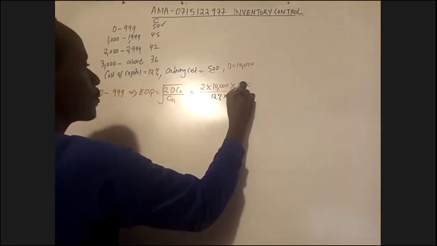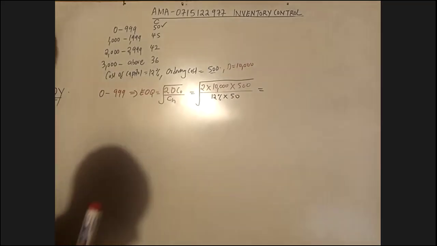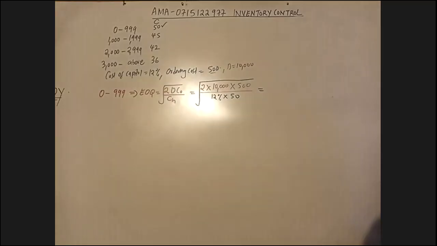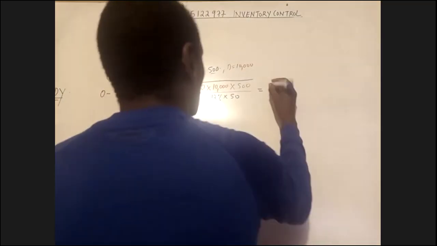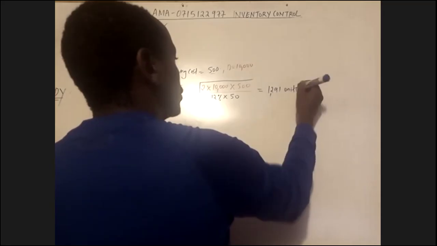So we find our EOQ: 2 times 10,000 times 500 divided by 0.12 times 50. Then find the square root: 1291 units.